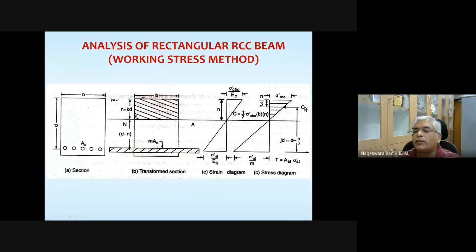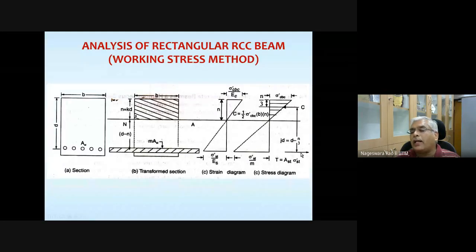Whenever you say force, we need to indicate at what location this force is going to act. So this C is going to act at the centroid of this triangle. The centroid of the triangle, we noted, is N divided by 3. So C is going to act at a distance N divided by 3 below the top edge. And what is the distance between C and T?